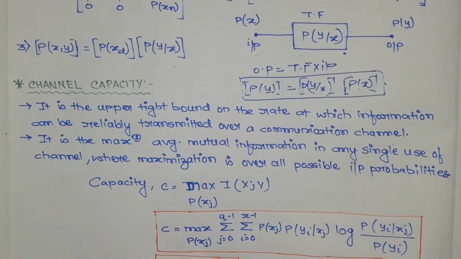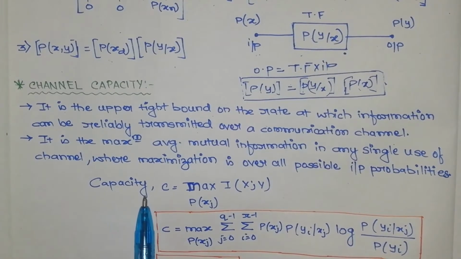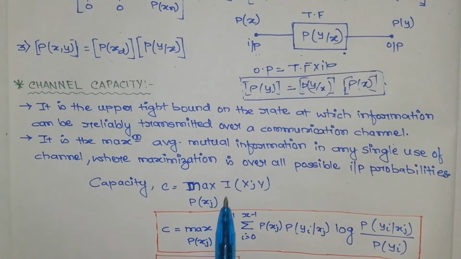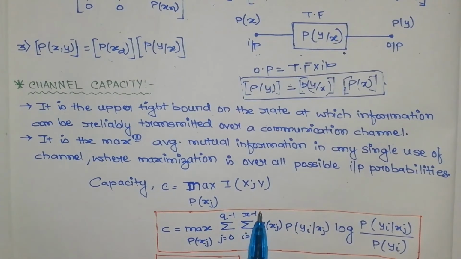So channel capacity is nothing but the maximum rate at which information can be transmitted over a communication channel. So from the definition we can say that capacity C is equal to the maximum over p(xj) of I(x, y).